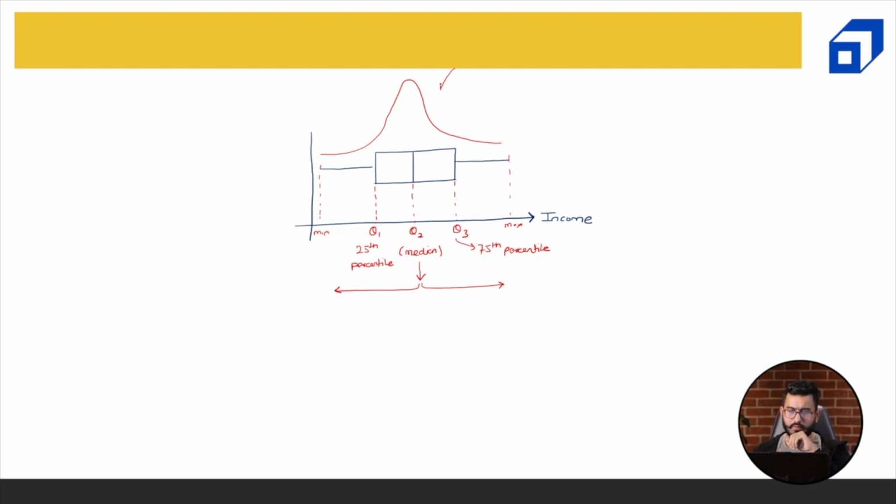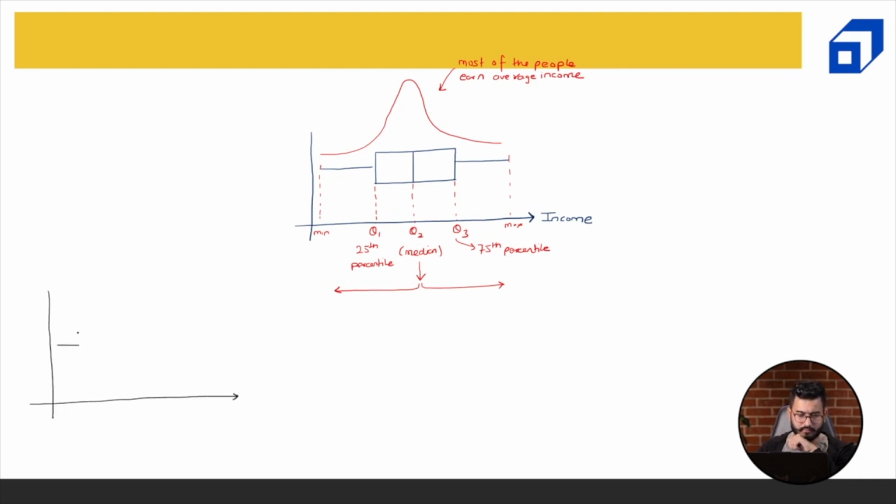So looking at this plot, I will just conclude that most of the people earn average income.